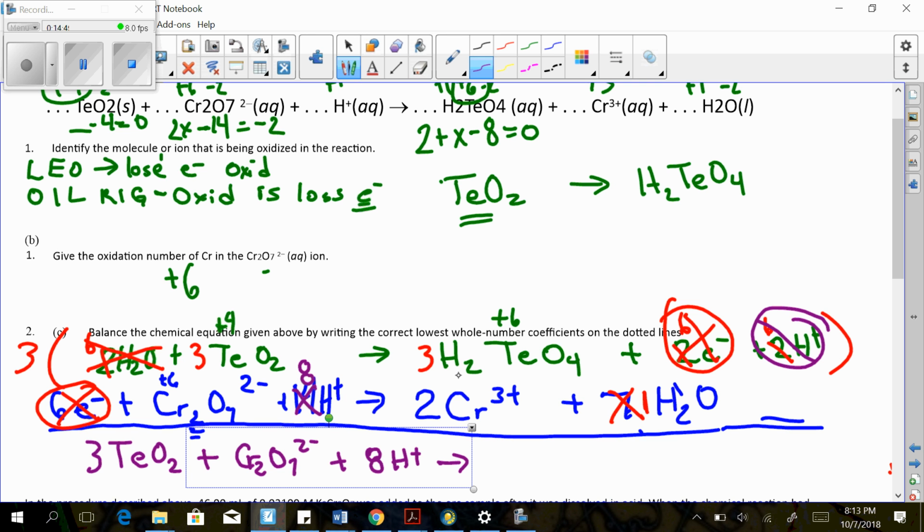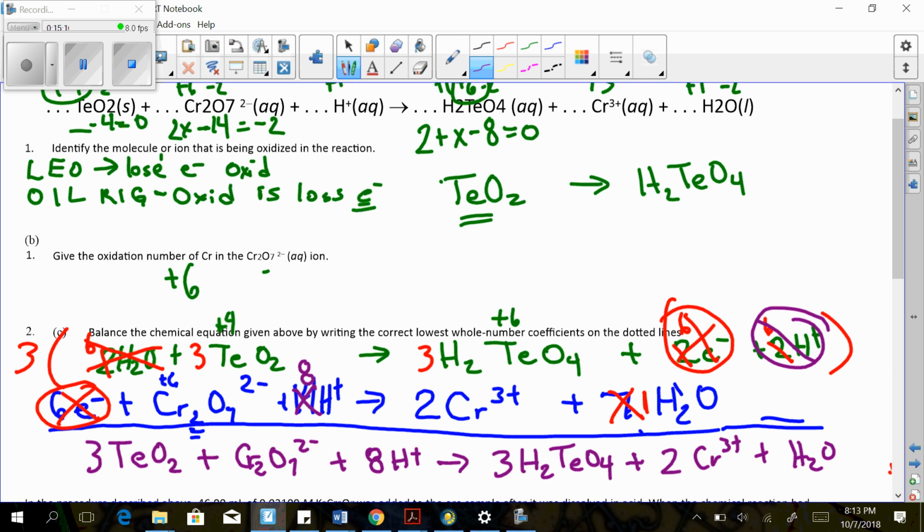On this side, I have my 3 telluric acids, H2TeO4. My electrons canceled, my hydrogens canceled. I have 2 chromium 3 ions, and I have 1 water. Okay, and that is my balanced equation.